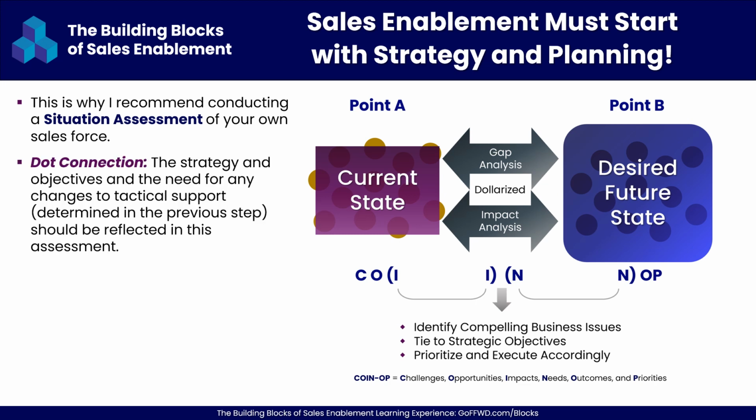An important dot connection here, because I see this like a needle and a thread connecting these different things that we do in this planning stage. The strategy and objectives and the need for any changes to tactical support, which were determined in the previous step with the three-column chart, should be reflected in your situation assessment of your sales force.